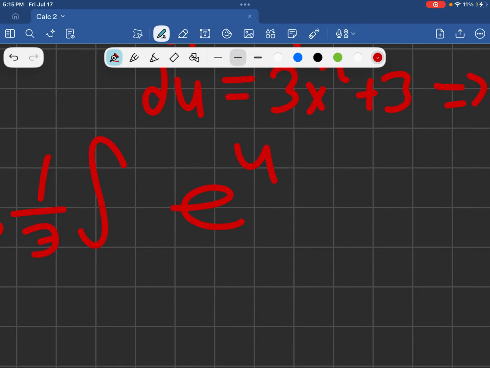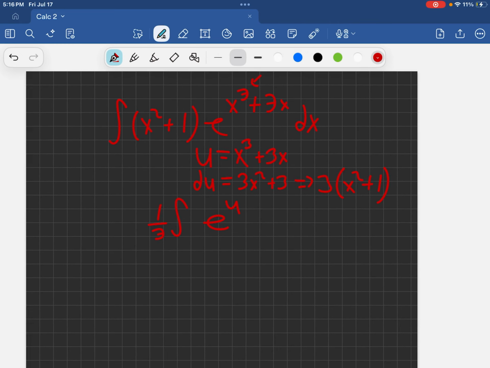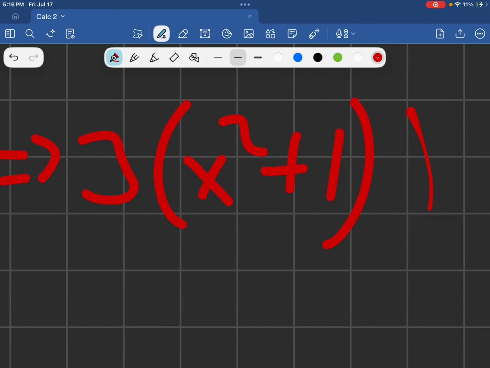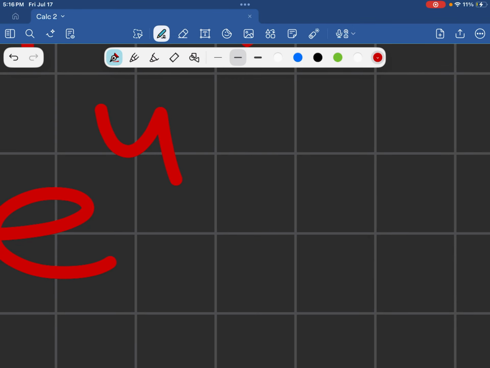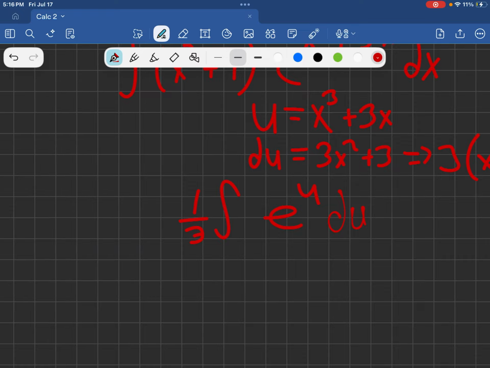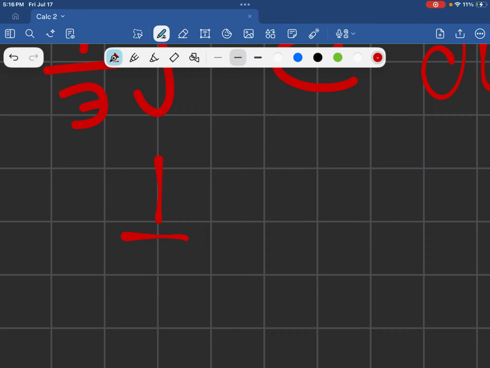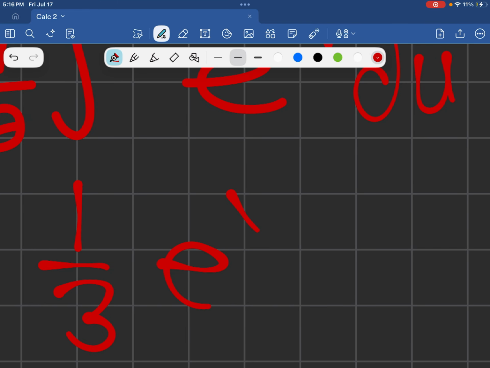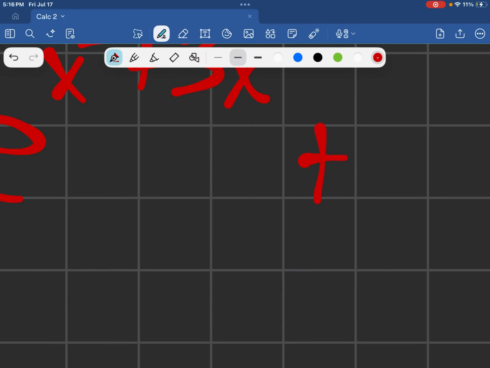So we have 1/3 e to the u, and they're always forgetting this right here, dx, 1/3 e to the u du. Take the integral of this, e to the u is just e to the u. We have 1/3 e to the x cubed plus 3x, and then since this is an indefinite integral, it's just going to be plus c.